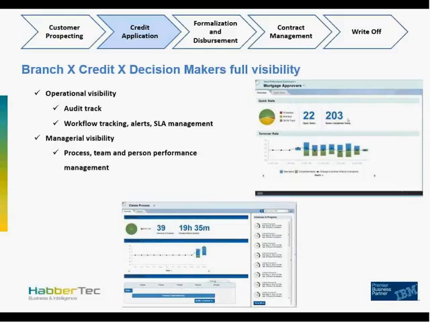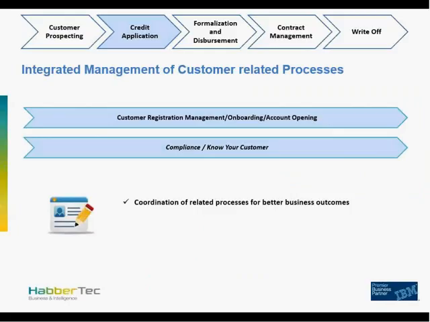So we can build a set of dashboards to track all this information, manage SLAs, and ensure that in terms of operations, we are doing the right job. And that almost finishes our set of almost 10 improvement points for the credit application process.